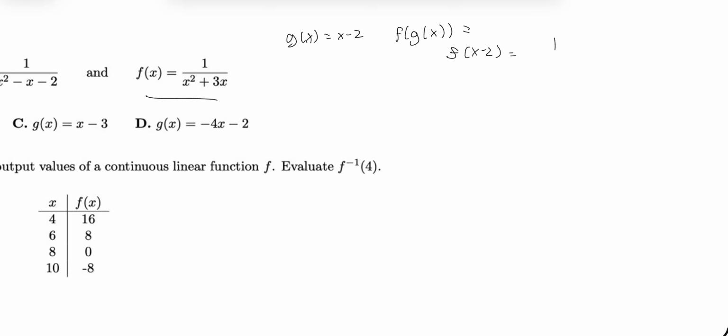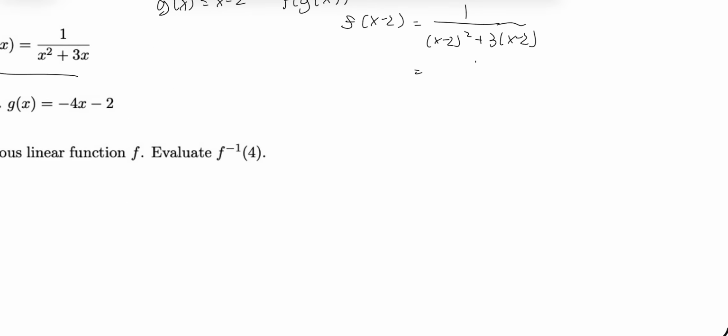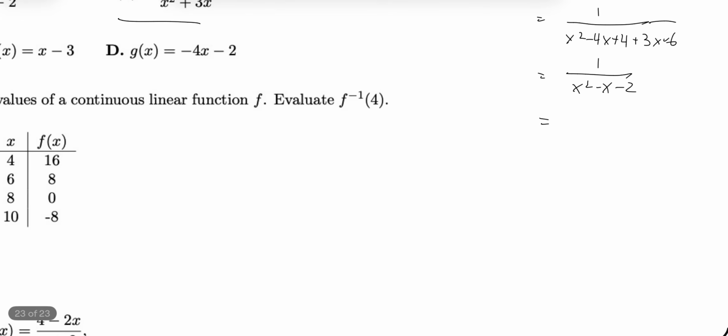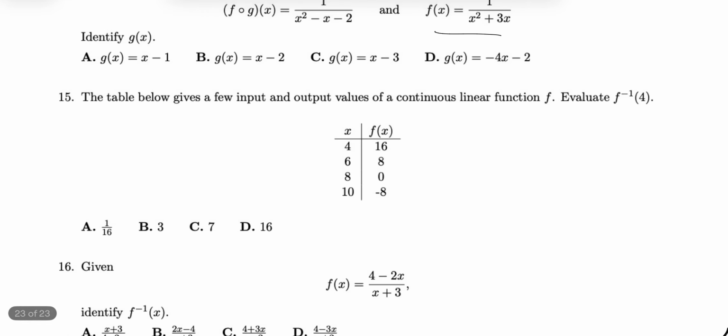So this is going to be 1 over x minus 2 squared plus 3 times x minus 2. And you have 1 over x squared minus 4x plus 4 plus 3x minus 6. So this is going to be 1 over x squared minus x minus 2, which is given. So that's already given, right?